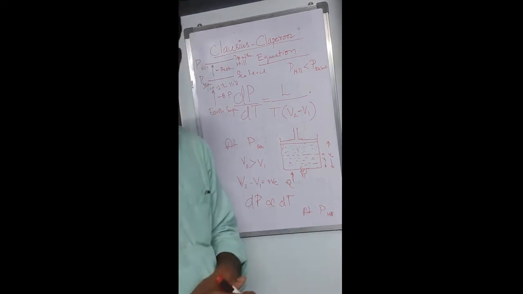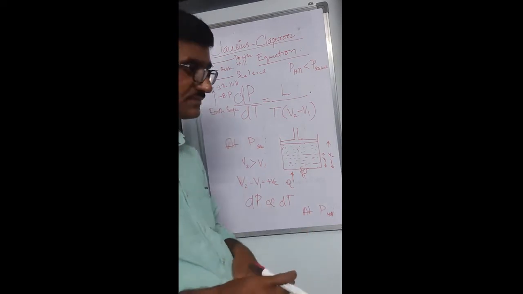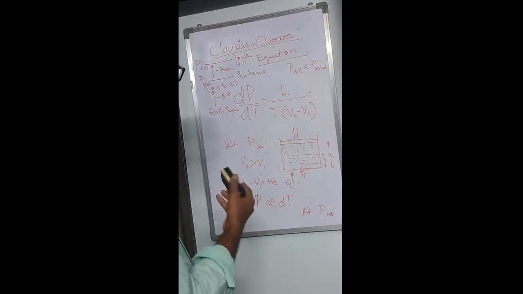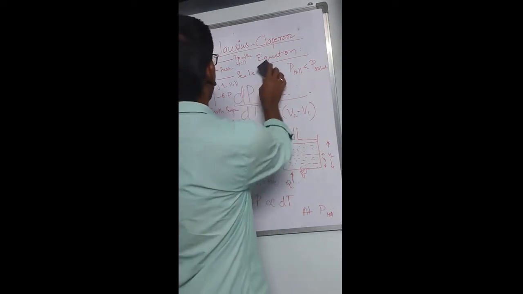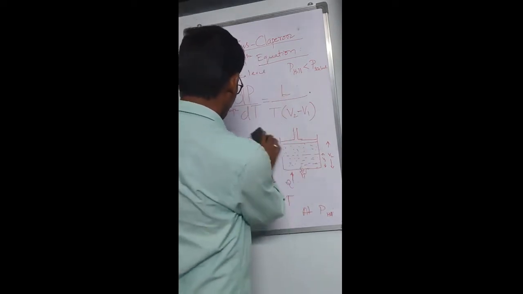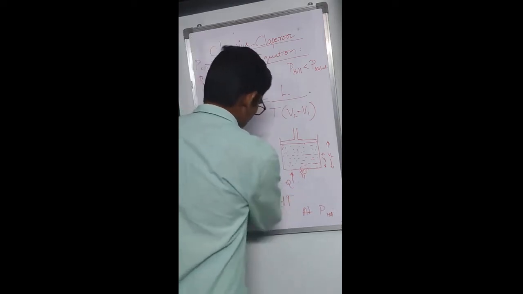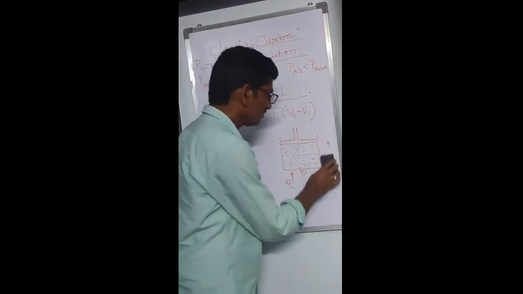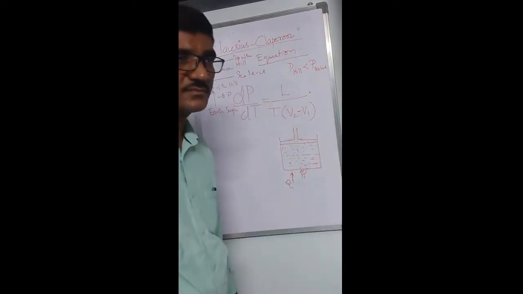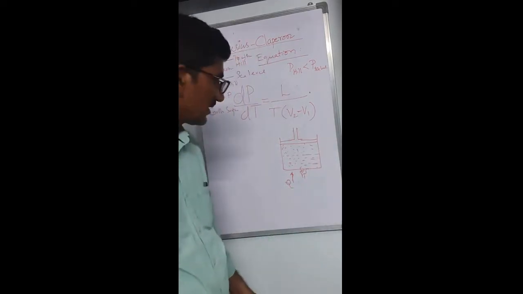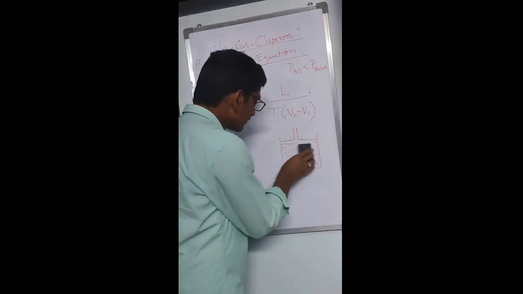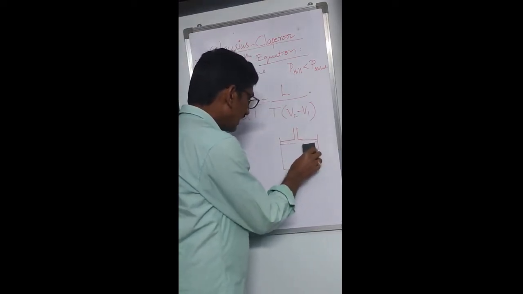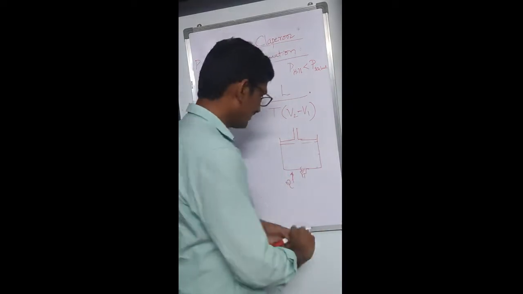Okay, now let us discuss this. Let's try to explain this by making use of the same Clausius-Clapeyron equation. So here, what is your system now? Now, I am taking some ice cubes in this vessel.